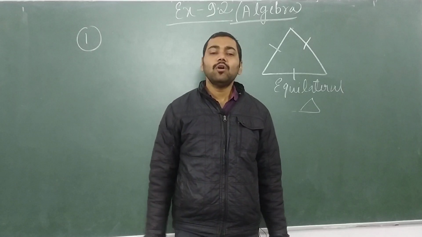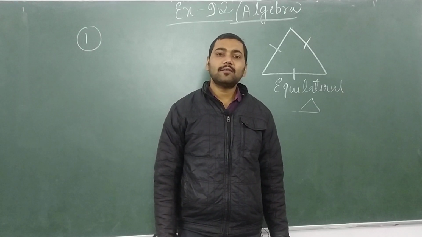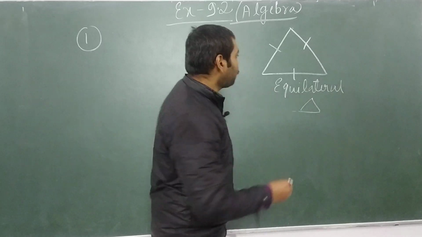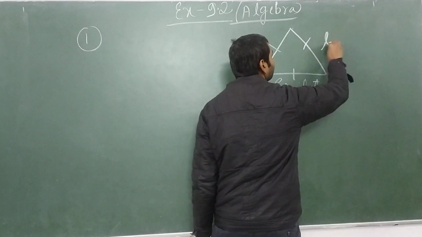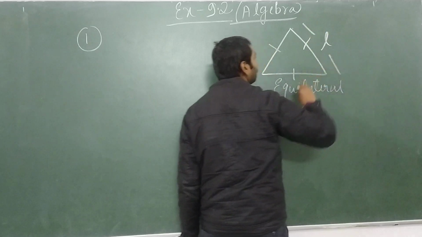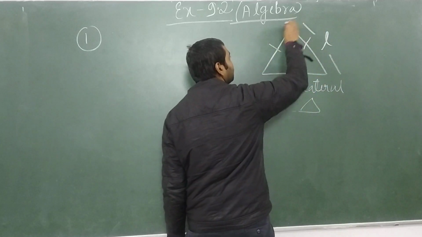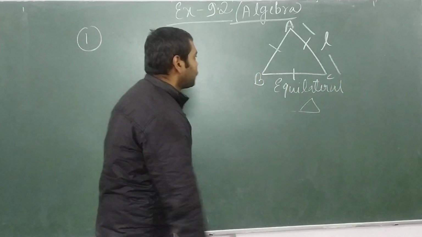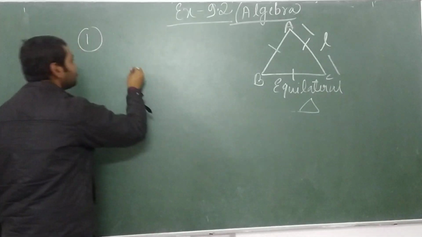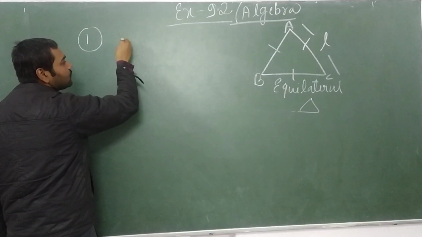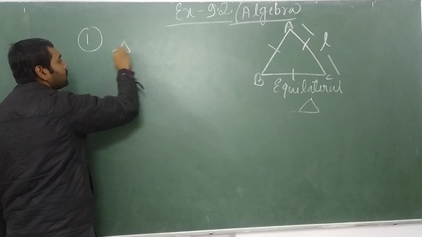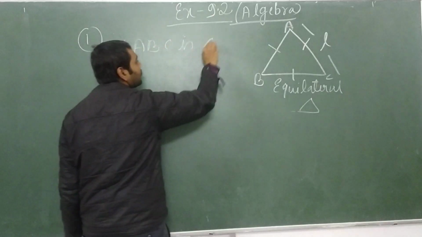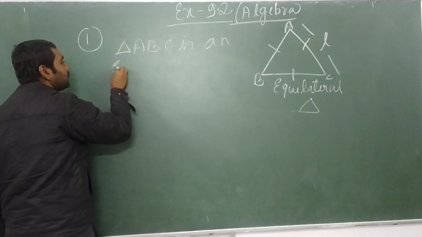Now in the question it is said to take the side as L. Suppose this is L centimeter. We will name the triangle ABC, and the side of the triangle is L. So we will write: triangle ABC is an equilateral triangle.